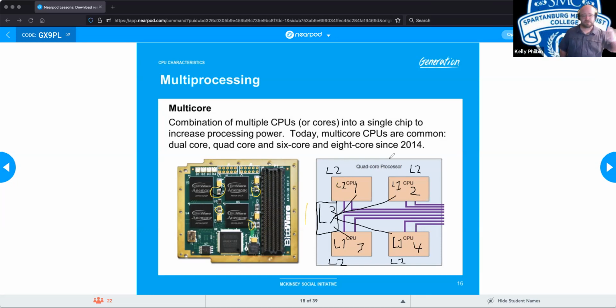Level 2, just outside the CPU. Each CPU has its own level 2 cache, and it's a chip just outside. It is less expensive than level 1. It's also slower, but there's more storage than is capable on the level 1.